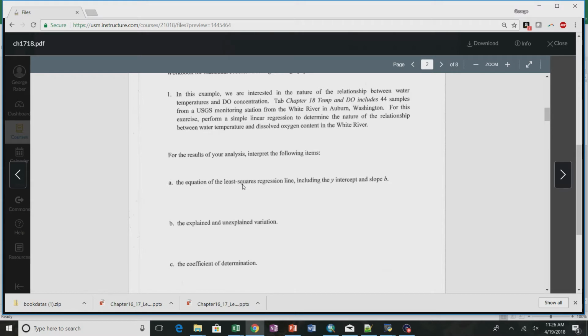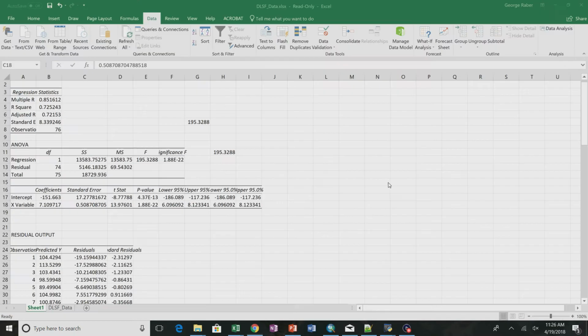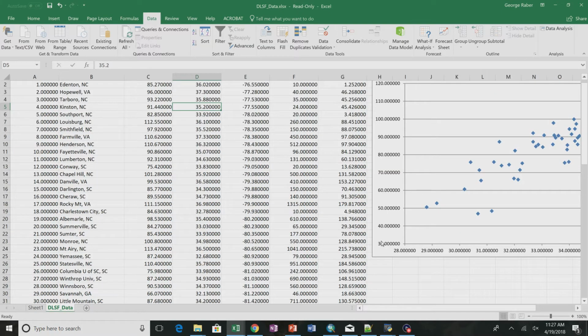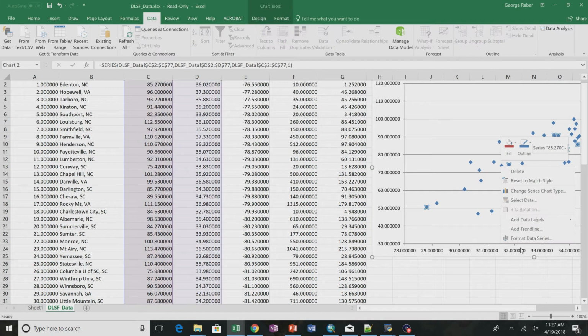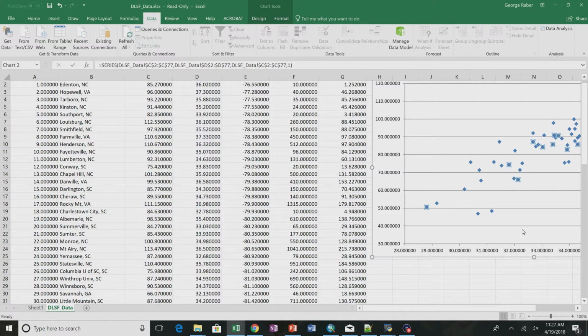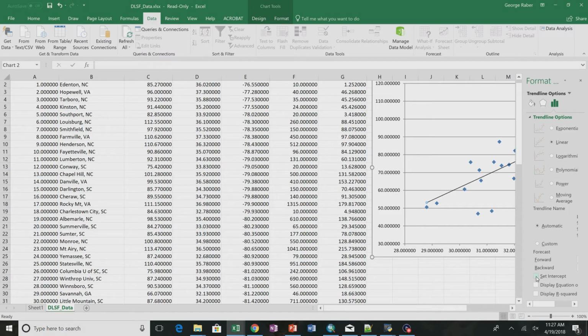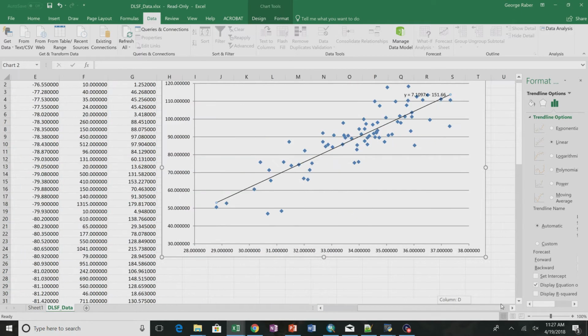The equation of the least squares regression line, including the y-intercept and slope value. Where do we find that in the table? That was on the scatter plot. It is on the scatter plot, but it's in the table as well. So yeah, you're right. I got rid of it in the scatter plot, but if you go to add trendline and you say display equation, you can get it right there.